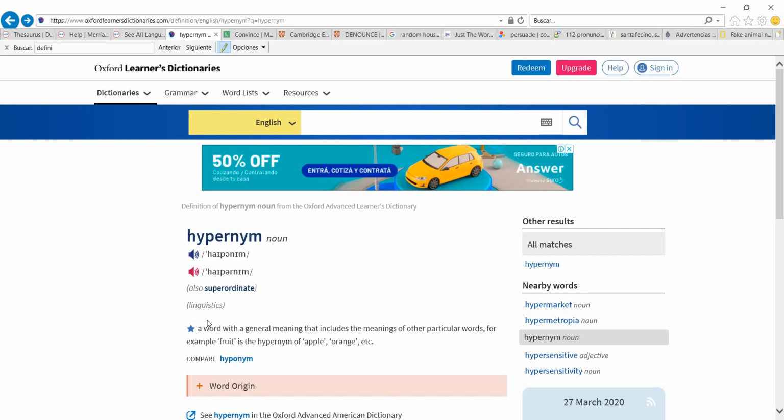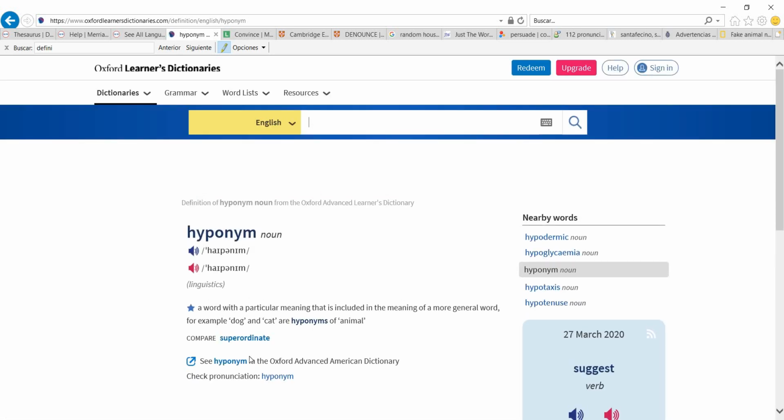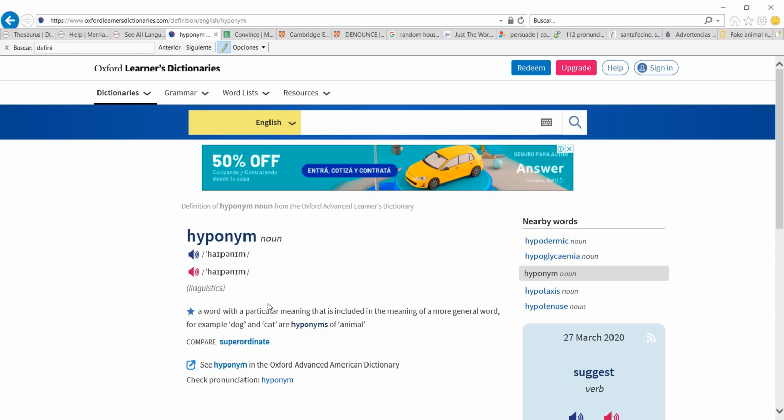What is a superordinate? It's a word, the genus, with a general meaning that includes the meanings of other particular words. For example, fruit is a superordinate of apple, orange, banana, and whatnot. And what is a hyponym? The hyponym is the word with a particular meaning that is included in the meaning of a more general word, for example, dog, cat.